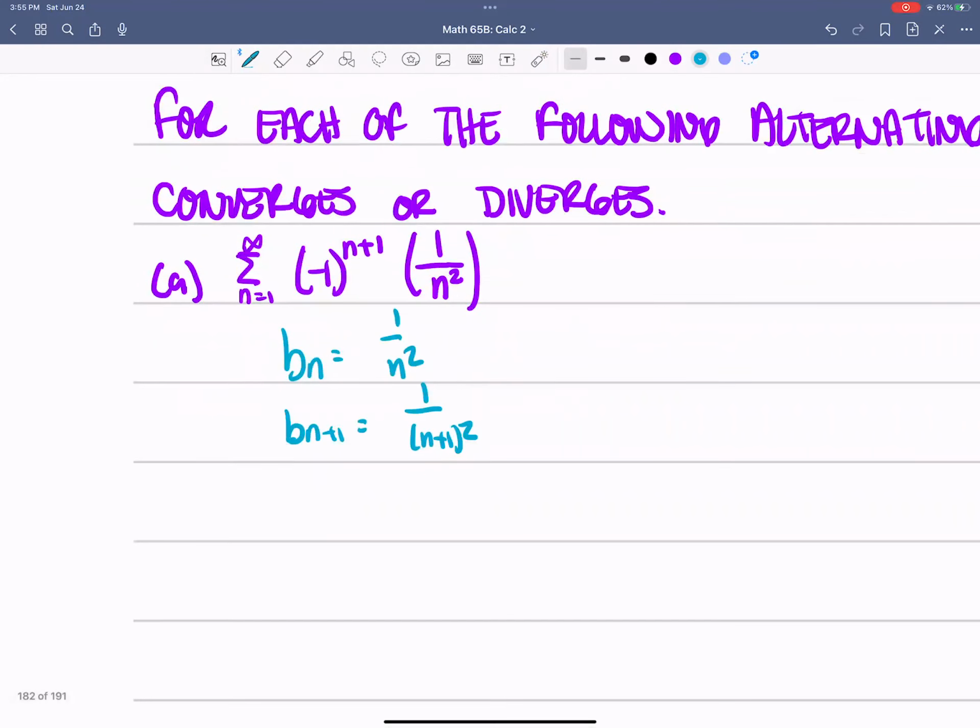Remember, larger denominators mean smaller numbers, so n plus 1 squared is definitely a larger denominator. That one is going to be smaller than just 1 over n squared. So condition 1 is satisfied.